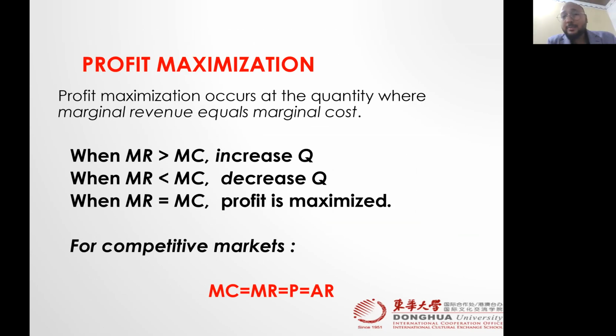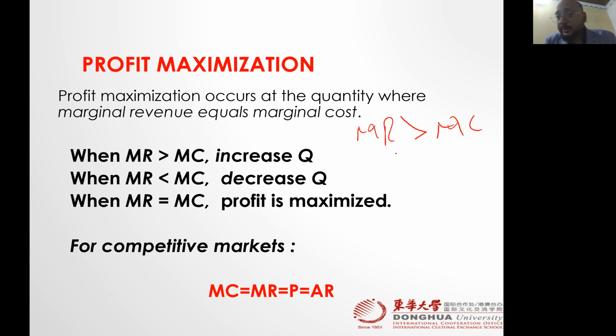Now, profit maximization concept. This is the managerial discussion. If you're a manager or if you are running your own business, you call your accountant or economist or your production manager. You ask them to find out what is my MR and what is my MC.